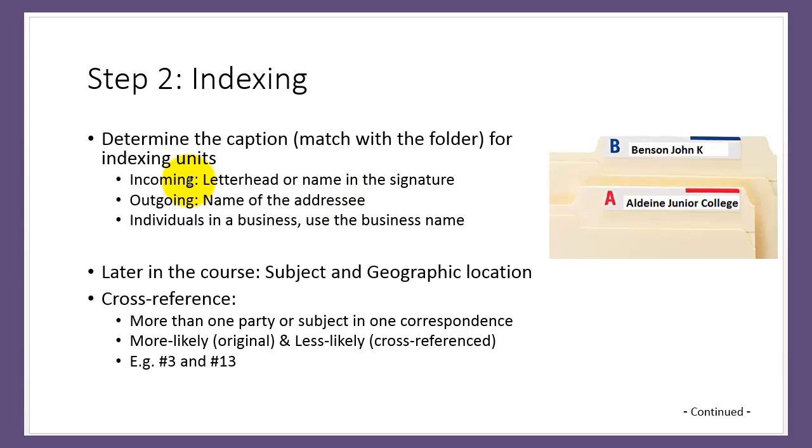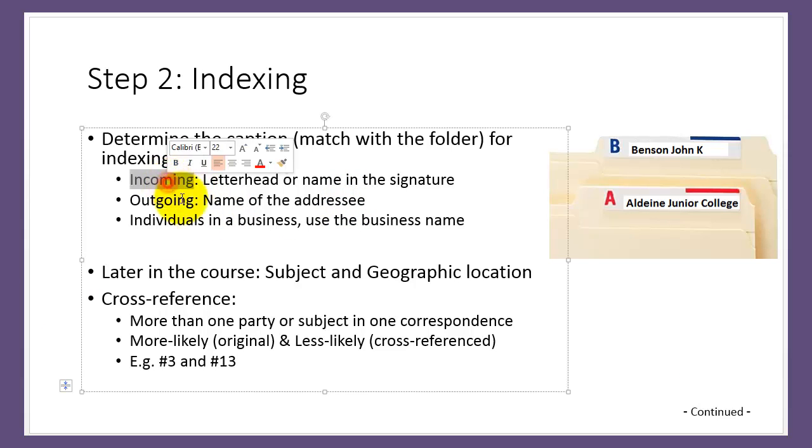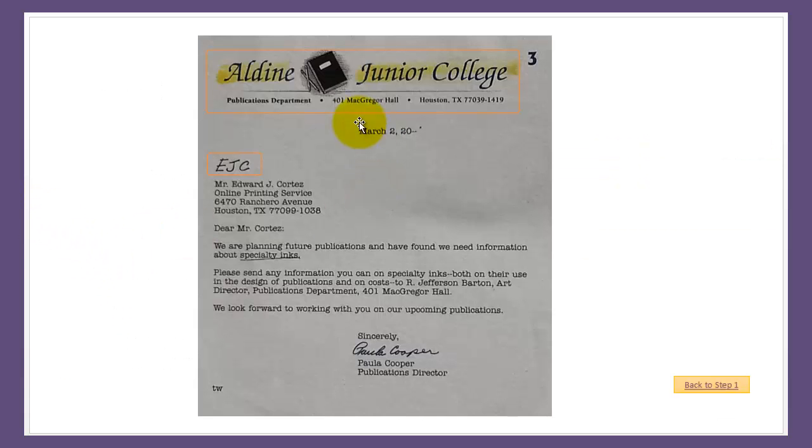So if this is incoming correspondence, use the letterhead or the name in the signature. So let's take a look at this again. You can use either the letterhead, and if there's no letterhead, look under the signature section.